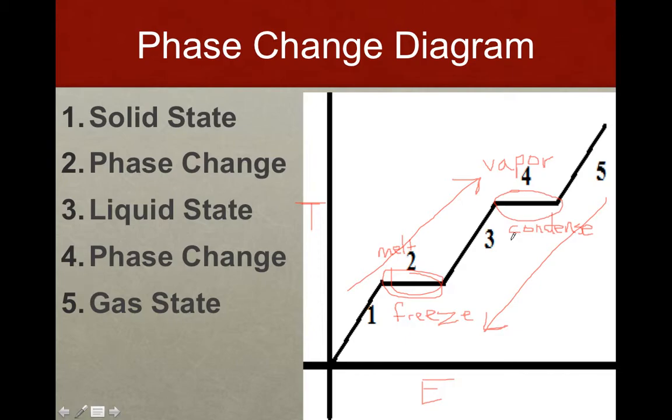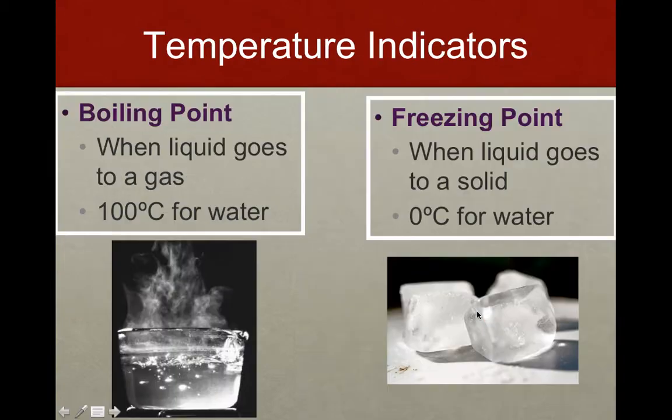All right, whew, got that one. So again, I'm going to write an S for solid. This is the liquid, and this is your gas. Okay? So that's the different parts of the phase change.